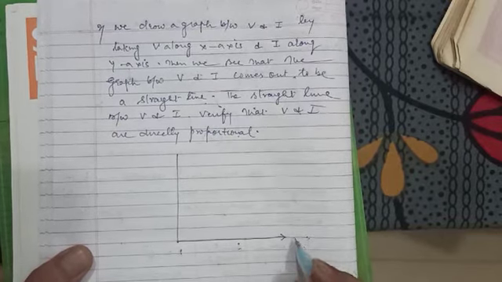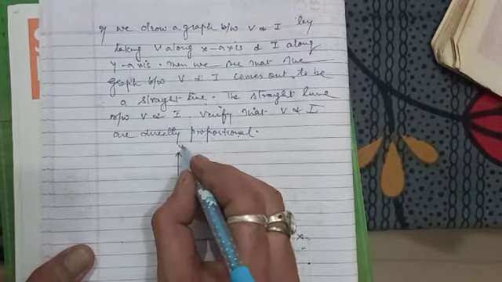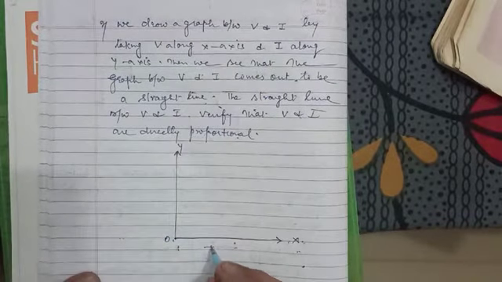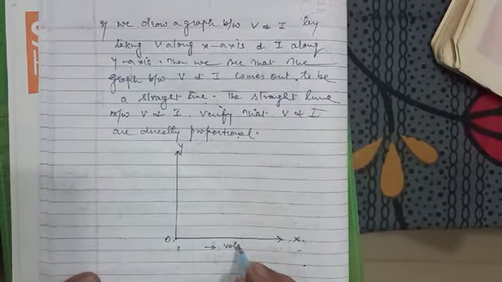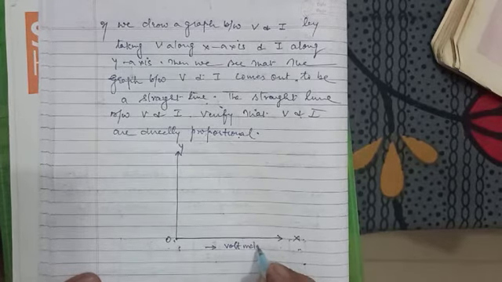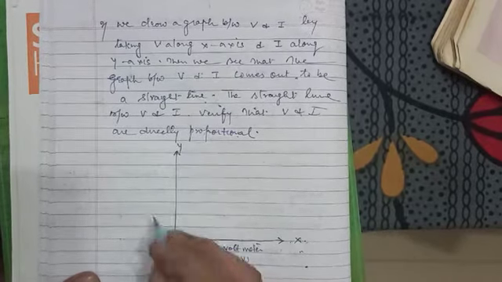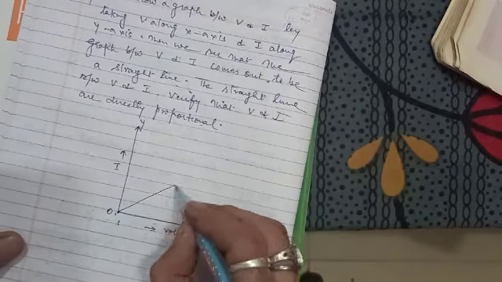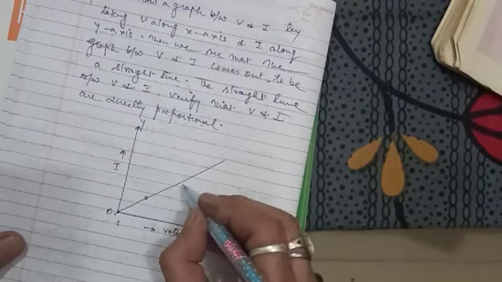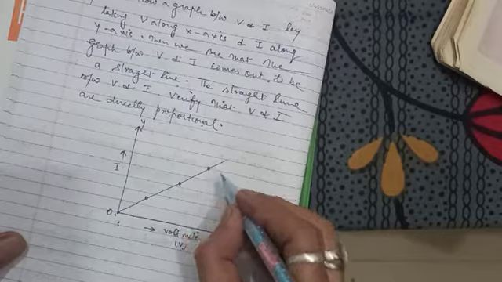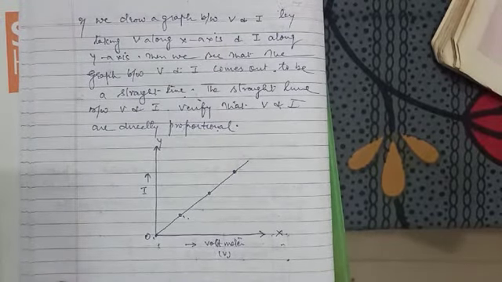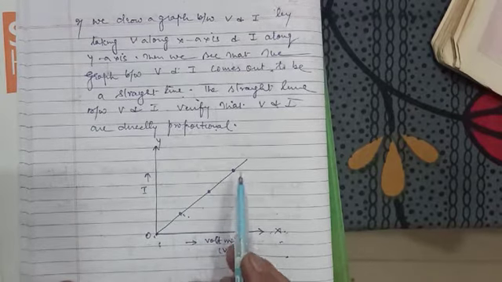तो ग्राफ के लिए हमने क्या करना है, this one is the x-axis, this one is the y-axis, here it is the origin. Along this side you have to take the values of voltmeter, that is V, and along this side you have to take the value of I. When a graph is plotted, say we have 3 points like this, these are the various values of V and I, the first reading, second reading and third reading.